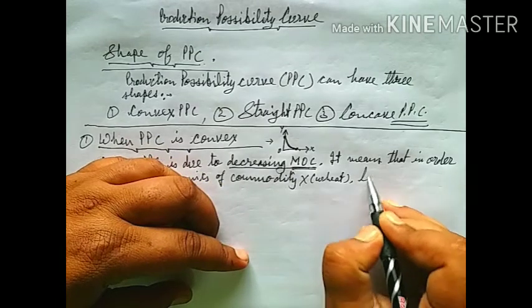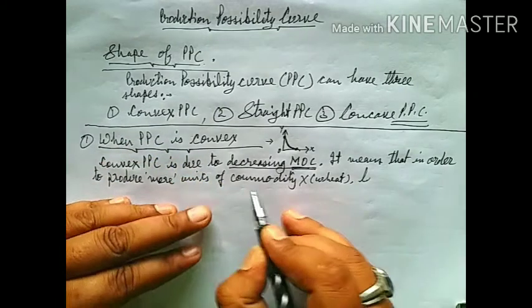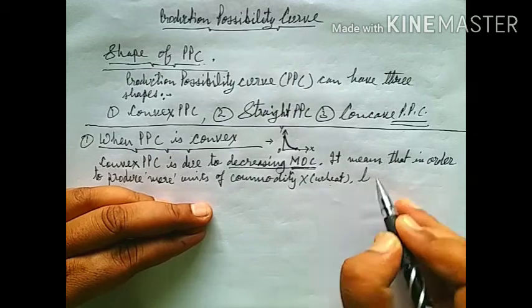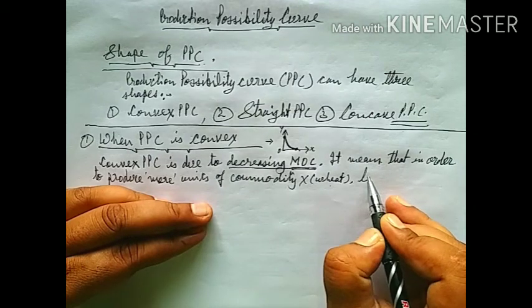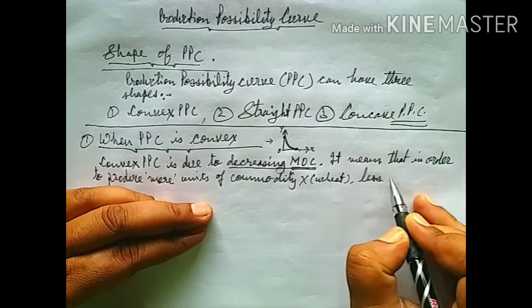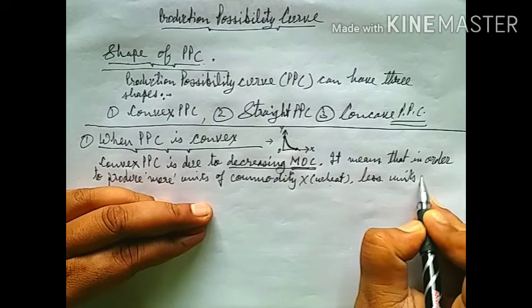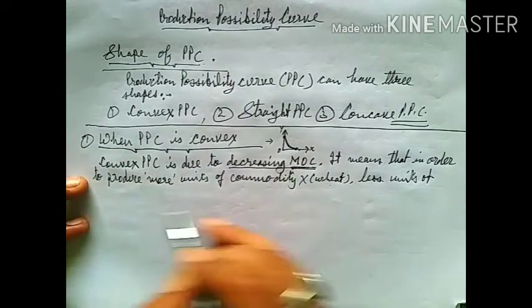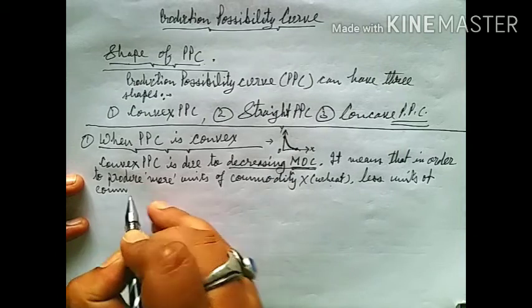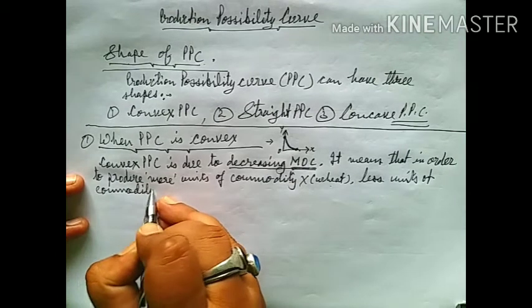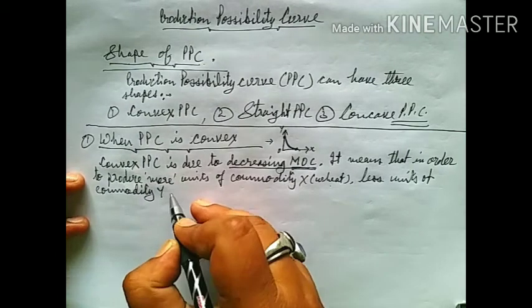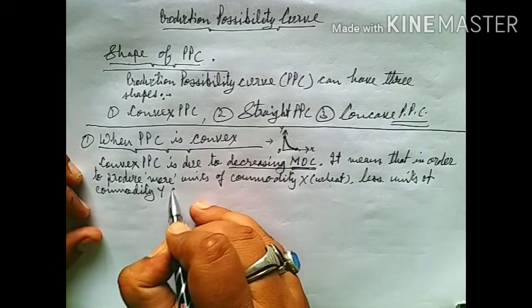So to produce more units of commodity X, the wheat, less units of commodity Y are sacrificed.